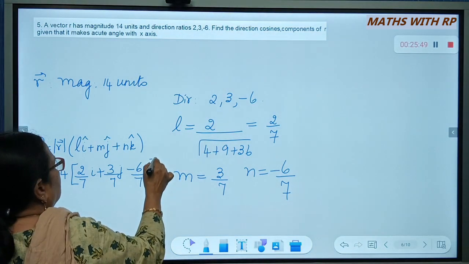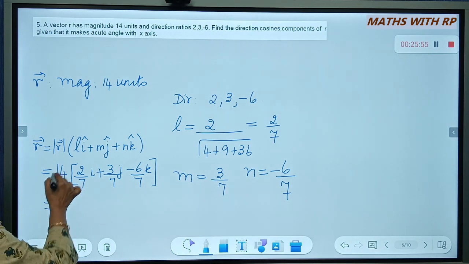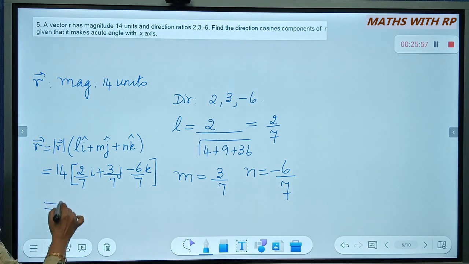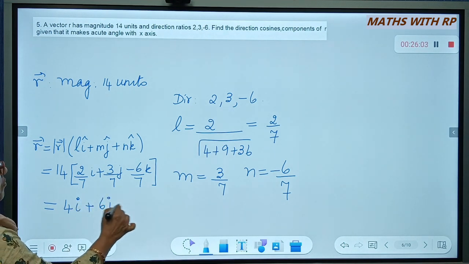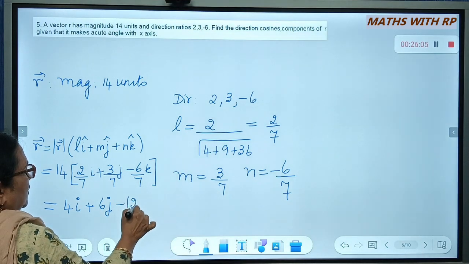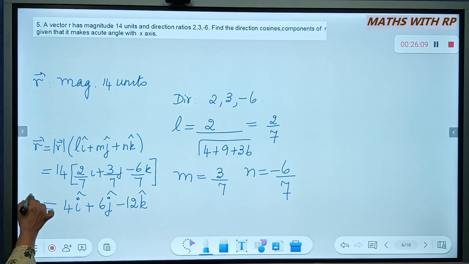Okay. Now 7 gets divided, goes in 14 two times, so therefore you will be left with 4i plus 6j minus 12k. So this is your r vector.